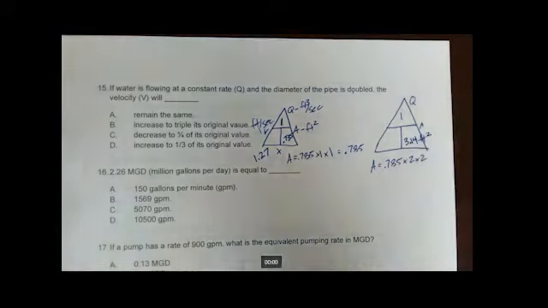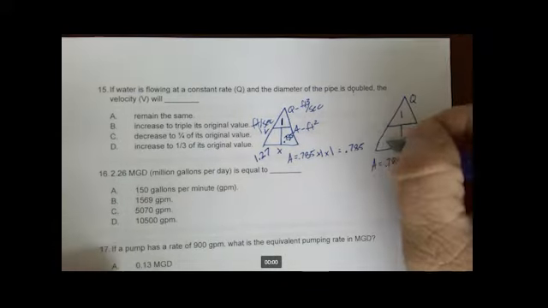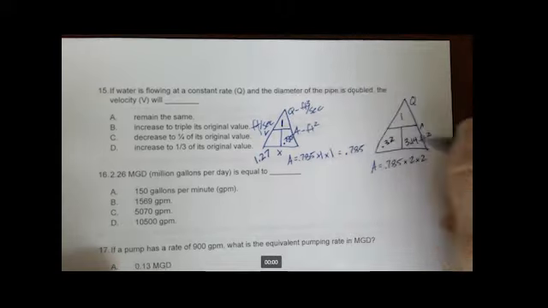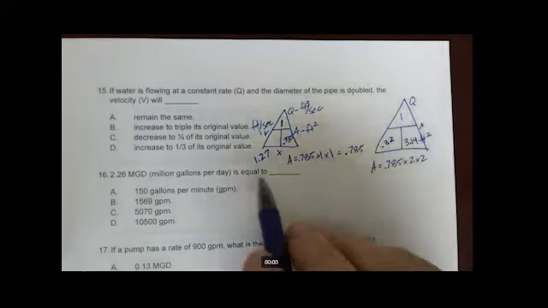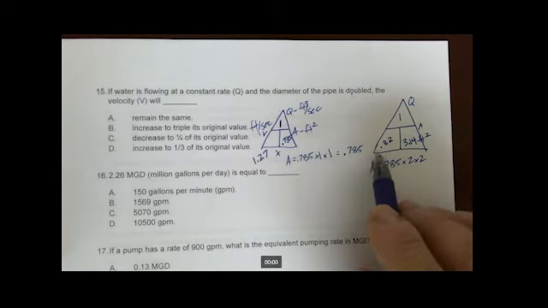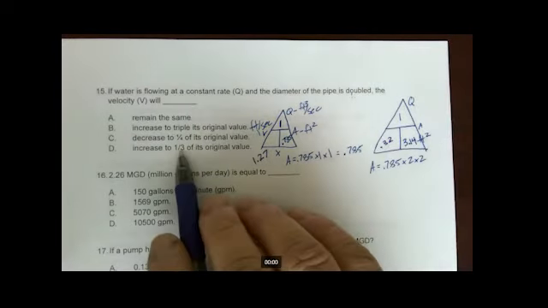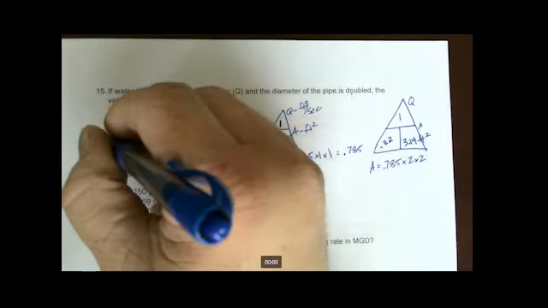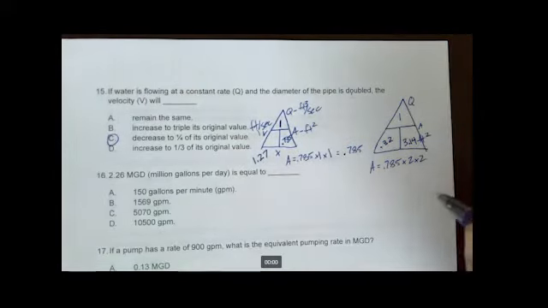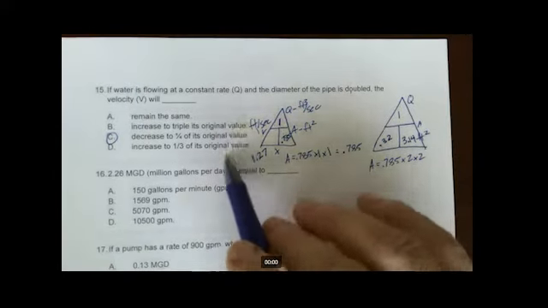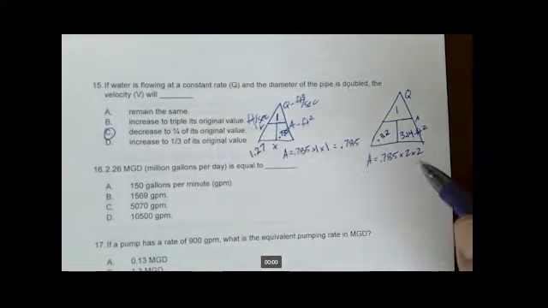Now we divide those: 1 divided by 3.14 gives us 0.32. So the velocity went from 1.27 to 0.32 when we doubled the diameter. So it is a decrease to a quarter of its original value. It doesn't increase at all, right? And it definitely doesn't remain the same.